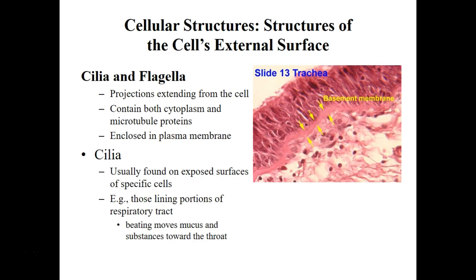So we have ciliated cells in our bronchi, in our trachea, and what these ciliated cells do is they move mucus that has trapped material like, say, dust from the air, and they move it away from our lungs so we don't take in that stuff, and then it gets to our throat where we can either spit or swallow that down.